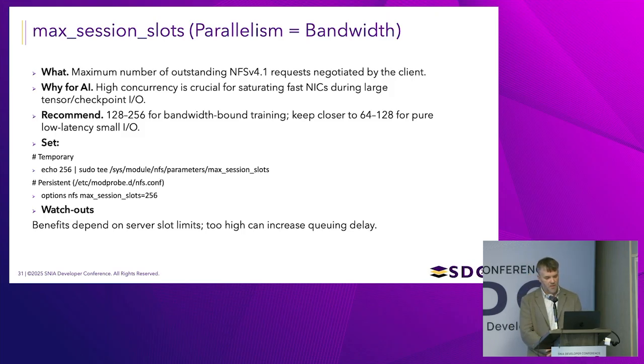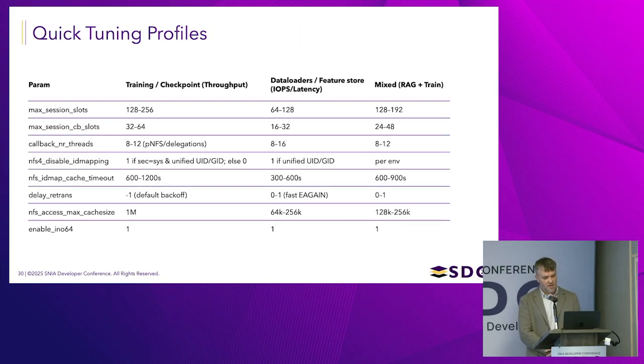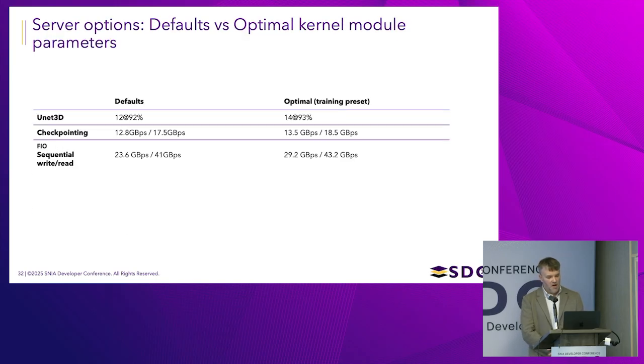By default, most Linux distributions have this parameter set to 64, which again is not enough for high performance read and write operations, and I recommend increasing it at least 2 times. This allows improving training and checkpoint operations by 15 to 30%.